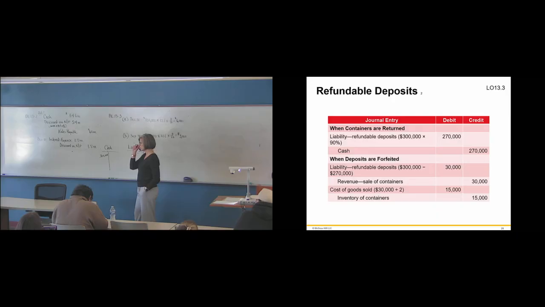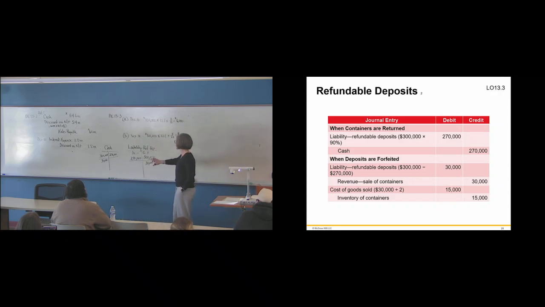In this entry, only 90% of people returned those containers, right? So we reduce this, and we have to pay out the cash because they returned them. So that leaves us with some cash, and we still have this credit here.